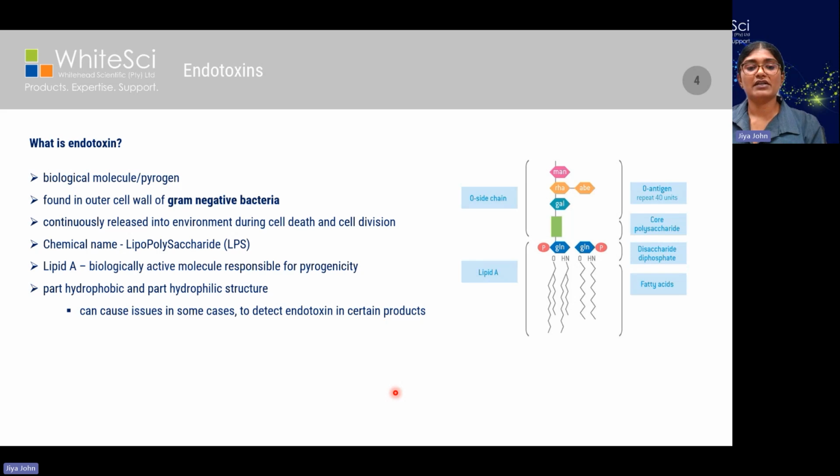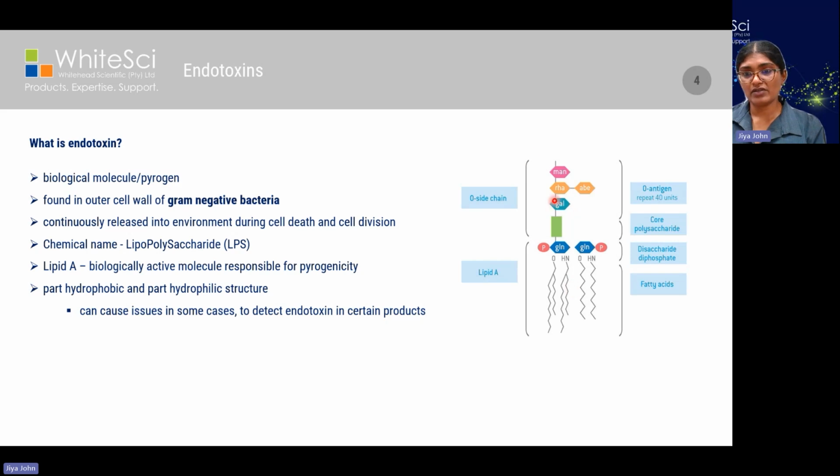The naming comes from the chemical structure of this molecule. It has a polysaccharide chain and a lipid A part. It is the lipid A part that is the biologically active molecule responsible for the pyrogenicity of this pyrogen.